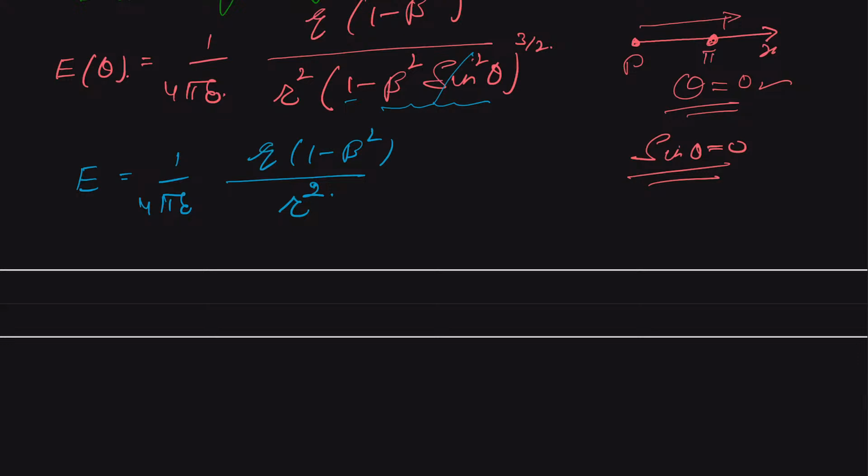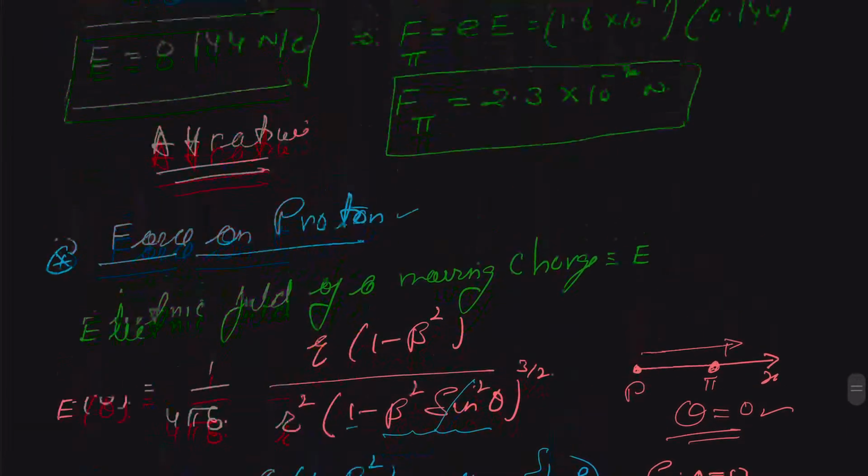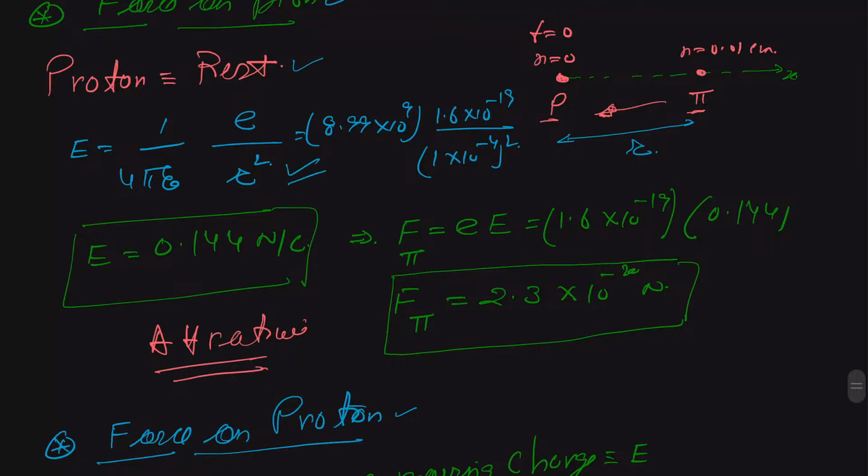Therefore we can say this is equal to, our charge is our electron, and 1 minus beta square will be 0.64, times 1 upon 4 pi epsilon naught, charge divided by r square. And this is the same formula as our electric field, which we already found out.